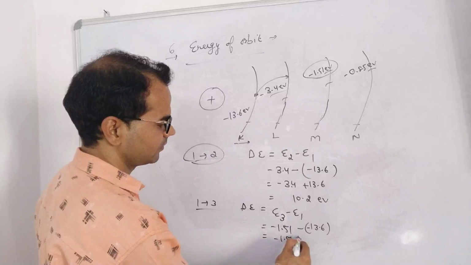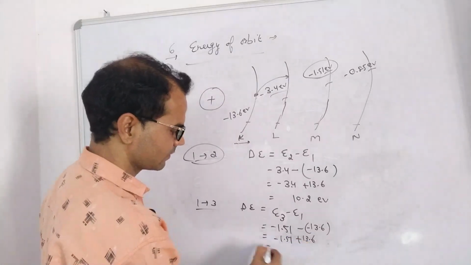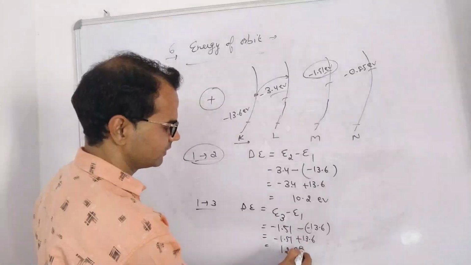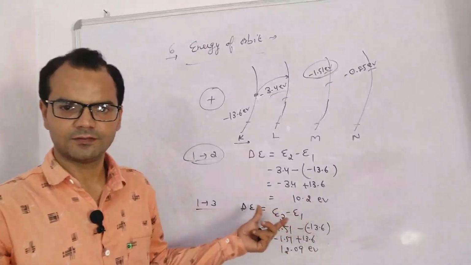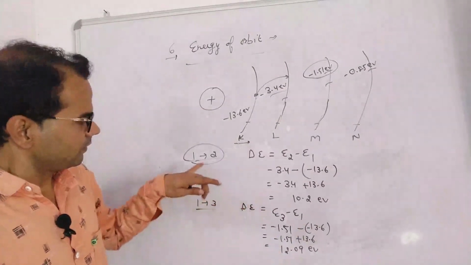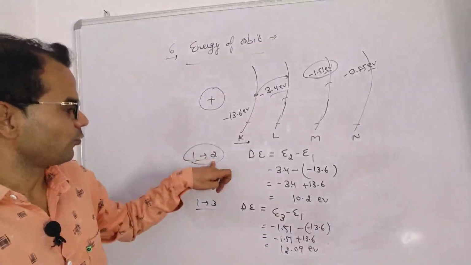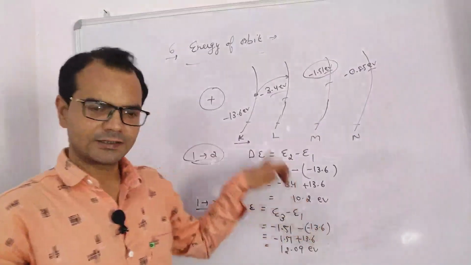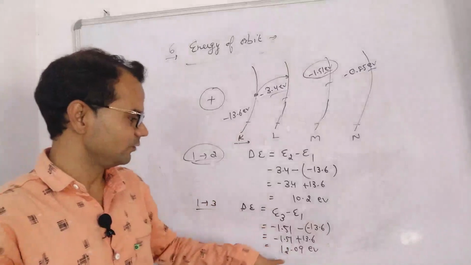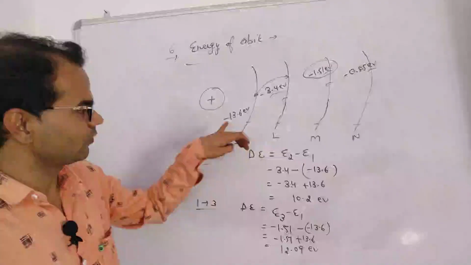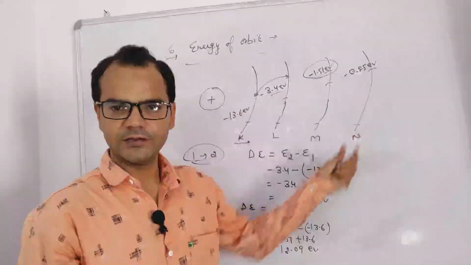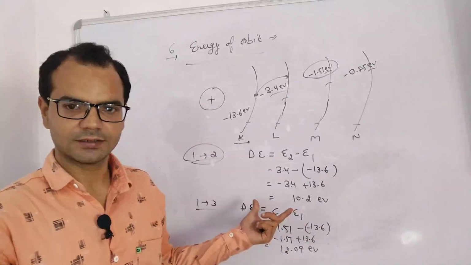So minus 1.51 plus 13.6, the value will be 12.09 electron volt. If it jumps from 1 to 2, the acquired energy is 10.2. If the electron jumps from 1 to 3, the value is 12.09. So if the electron jumps from 1 to 4, the value will be higher again. Clear?